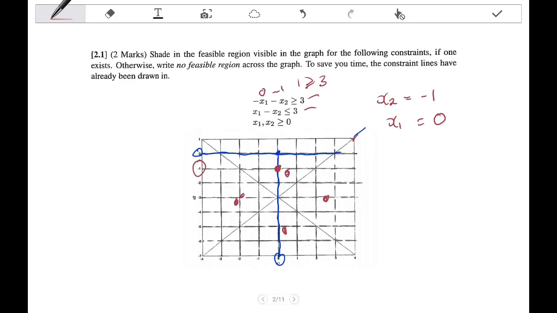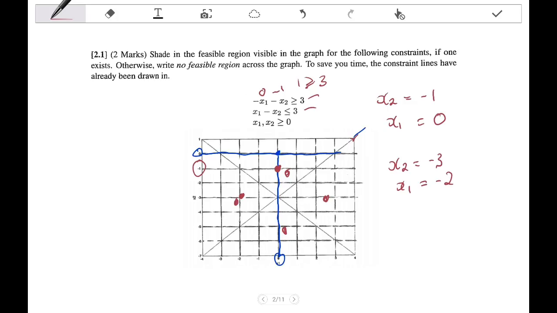So let's choose a point here. A point here can be -3 and -2. So x2 is equal to -3 and x1 is equal to -2. Remember, if one constraint fails, move on; don't check the other one.